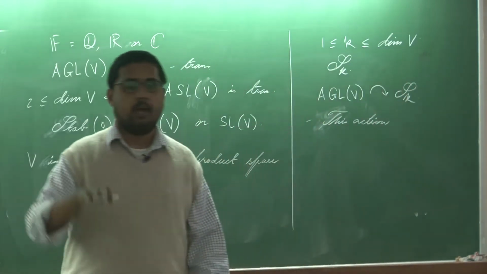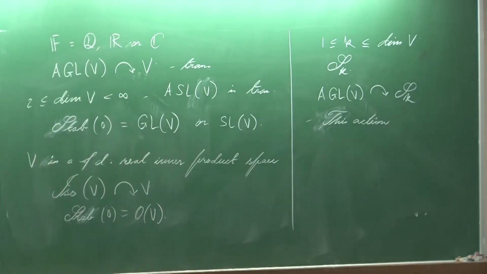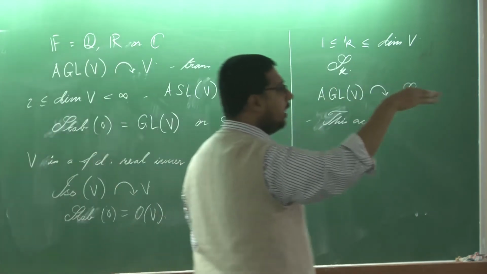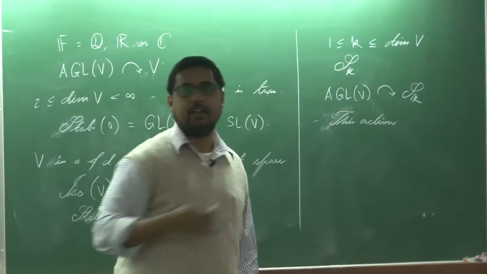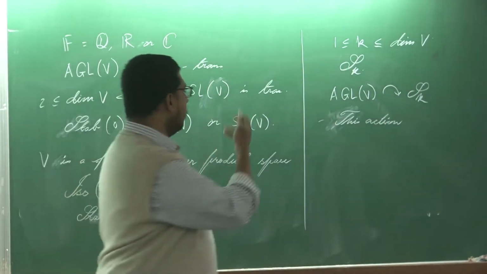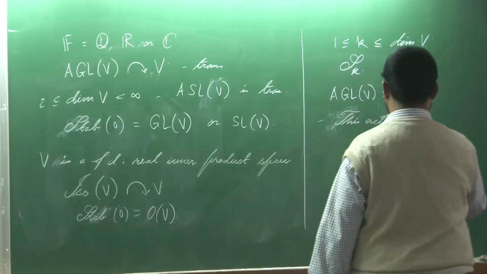Because if you take any two k-dimensional subspaces, then there is a general linear map sending one to the other, right? Now for the rest you just have to take care of the translation part. So therefore this action is transitive.